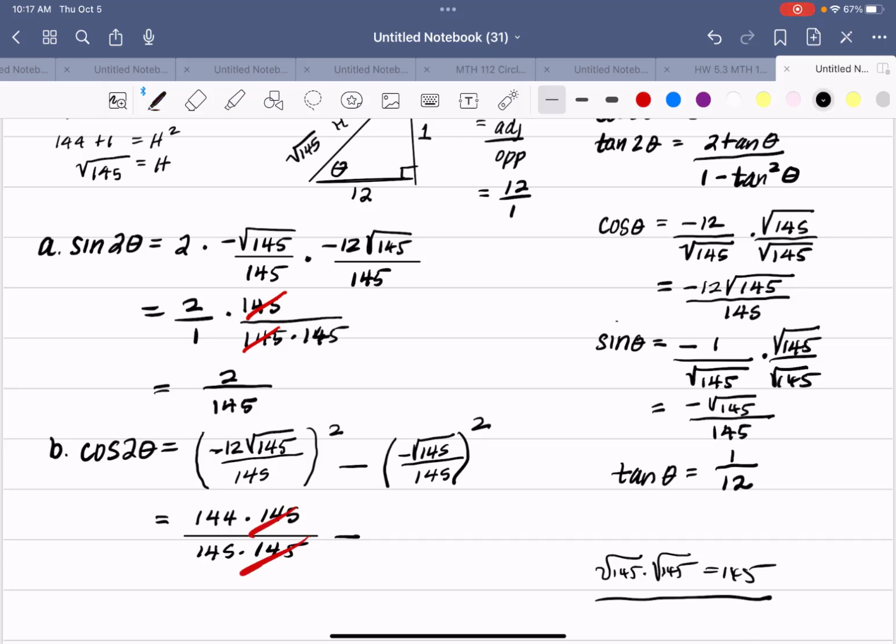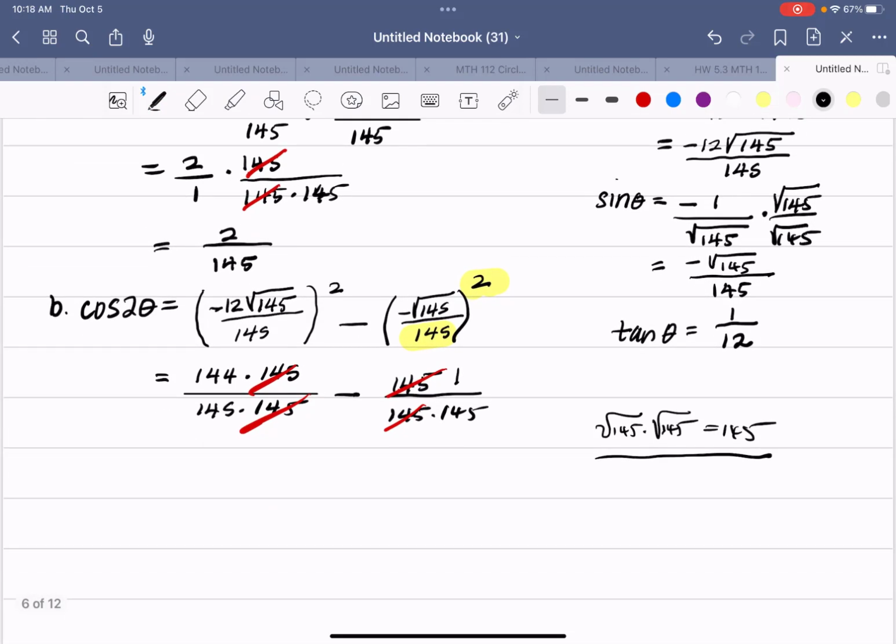Now, I'm going to do the sine squared of theta, and I'm going to get a negative times a negative, which is also a positive, so squaring a square root, 145 over 145 times 145, because that's what I get when I square this denominator. And I can see that that will go into that, but I have to write my 1 in my numerator.